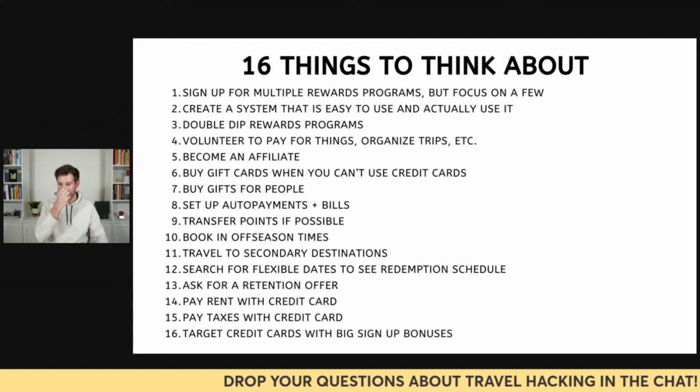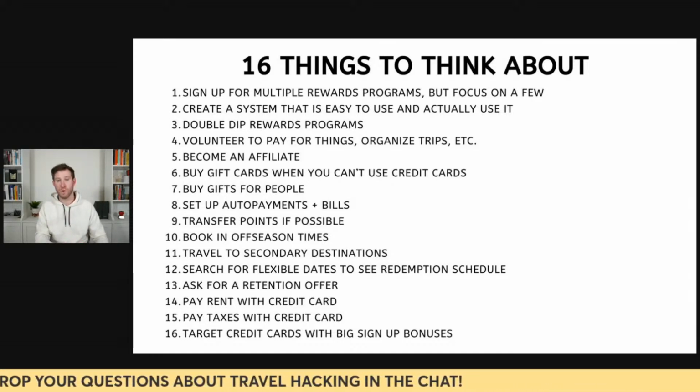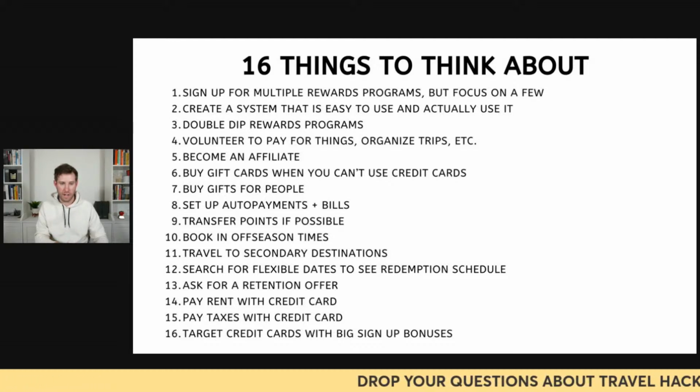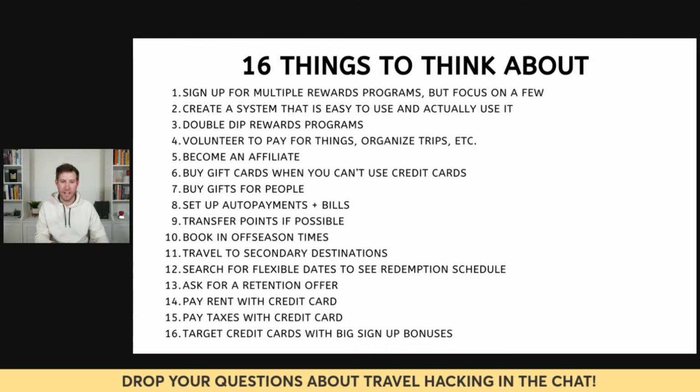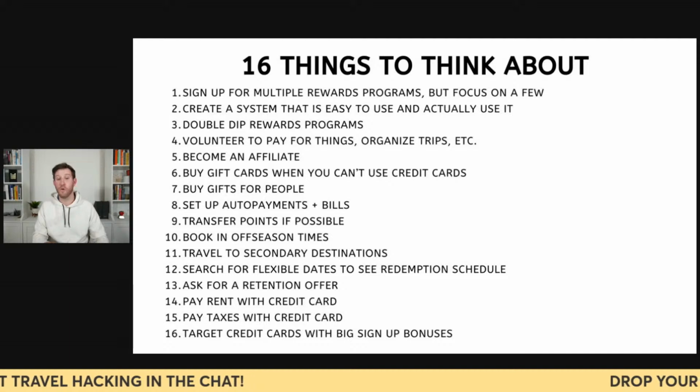So these are 16 things to think about. Number 1, sign up for multiple rewards programs, but focus on a few. Create a system that is easy to use and actually use it. Double dip rewards programs. Volunteer to pay for things, organize trips, etc. Become an affiliate. Buy gift cards when you can't use credit cards. Buy gifts for people.